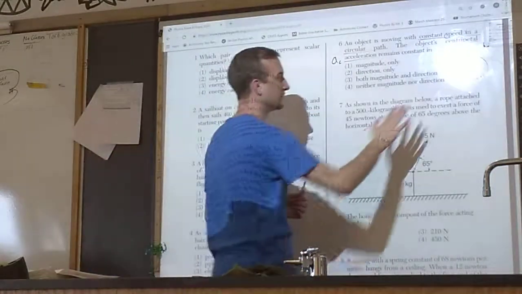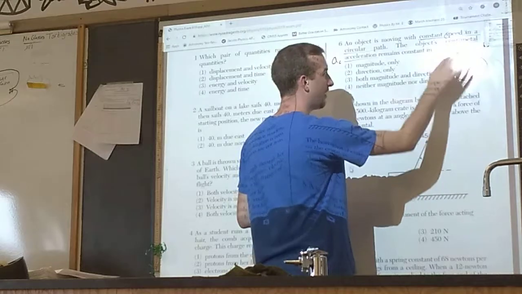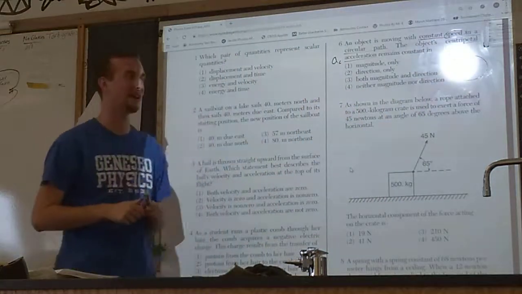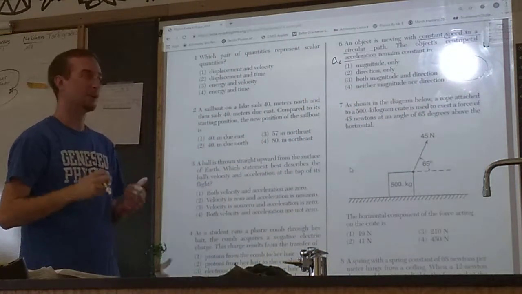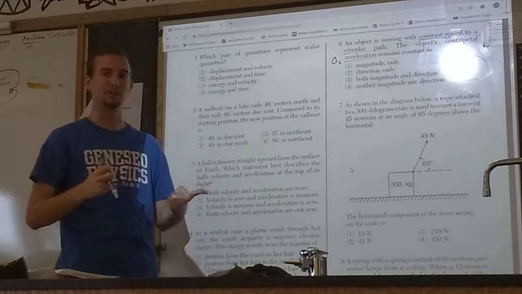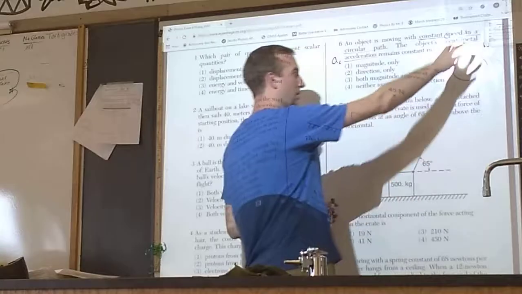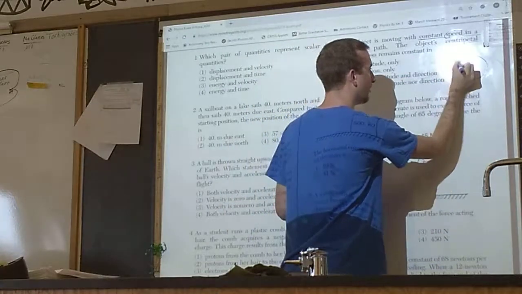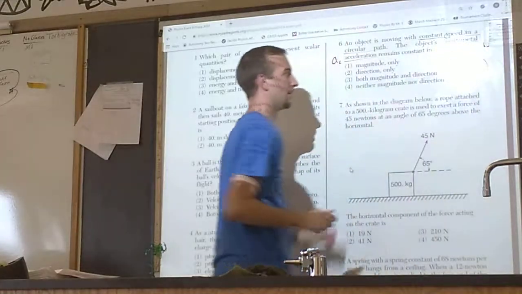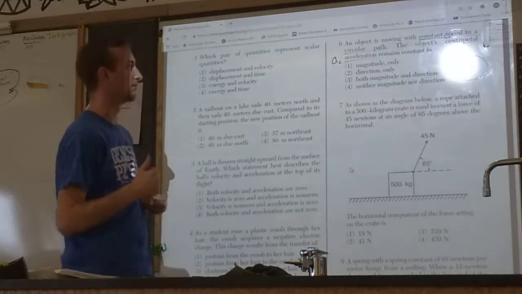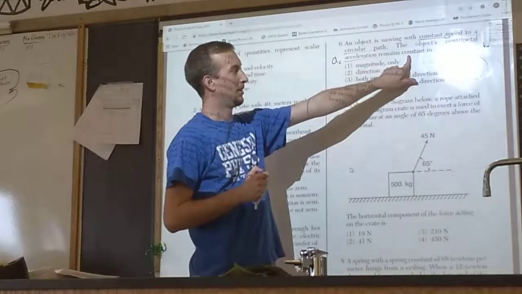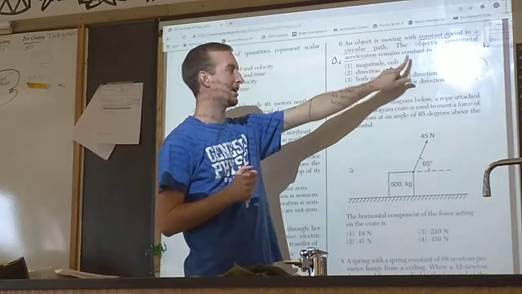So as it goes, the direction of all these vectors changes the entire time. That is why we have objects that can move in circles. The direction of all of these vectors will change over time as it makes different orbits or as it completes revolutions. So, how does the centripetal acceleration remain constant?